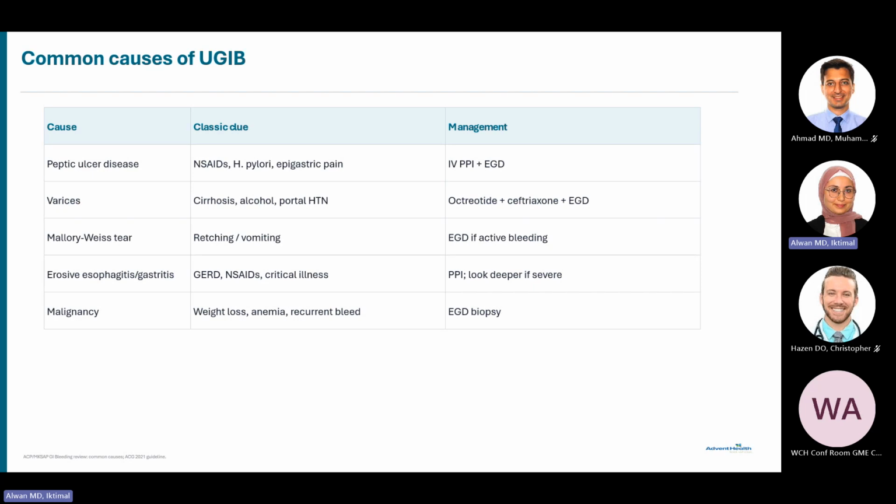So common causes of upper GI bleed, we're gonna start with peptic ulcer disease. We have two most common causes, right? NSAIDs and H. pylori. And usually the treatment would be PPIs and EGD. For varices, what clinical clues do we need to really think about varices?